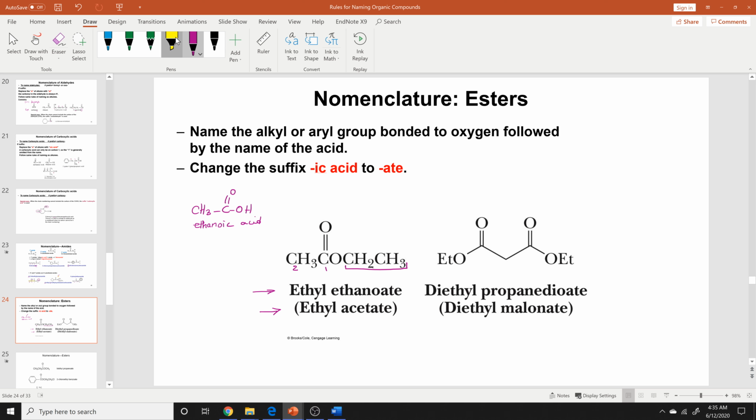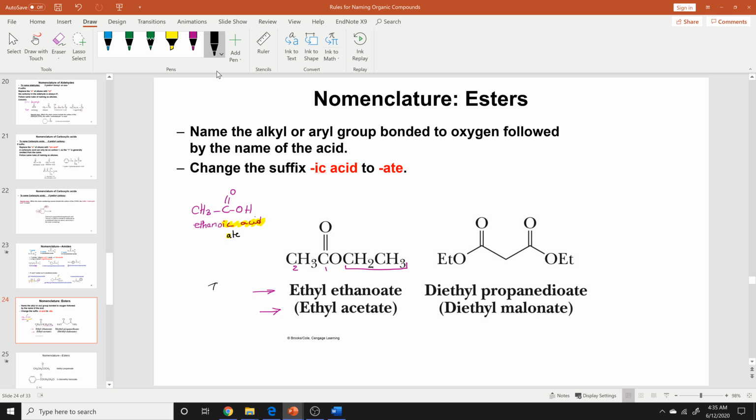So what I'm saying here is to drop the ic acid, leave the O, and then replace it by ATE. So it's going to be ethanoate, ethyl ethanoate in there.